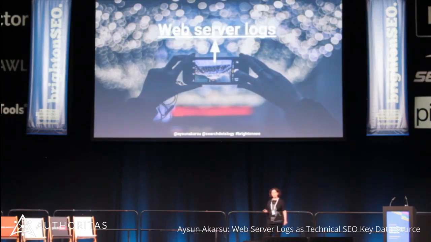On the other hand, web server logs are like the film, not the photo, meaning the life of the website. Web server logs can tell us about the past life of the website, the present, and the future.